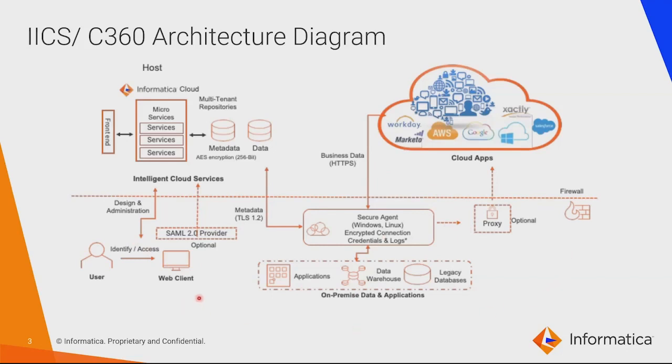There are quite a lot of applications, databases, and data warehouses residing on-prem within your organization, and these are behind your firewall. The end users access all these applications via the web client, and this web client makes secure connections to the ILCS platform. All the configurations and job executions, as well as managing the microservices, are done via this web client by the users sitting inside your firewall.